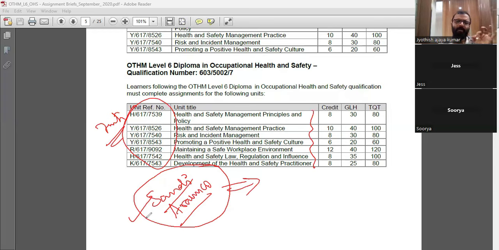While developing the project, you can take Tata Chemicals, Tata Petrochemicals, Reliance, Saudi Aramco, Qatar Gas, Qatar Petroleum, any company. With respect to that company, you have to develop certain units. Simple thing only: you have to develop 7 units for that company.